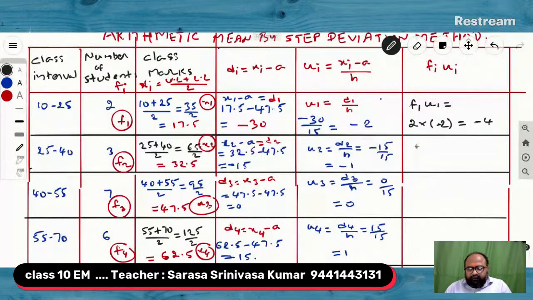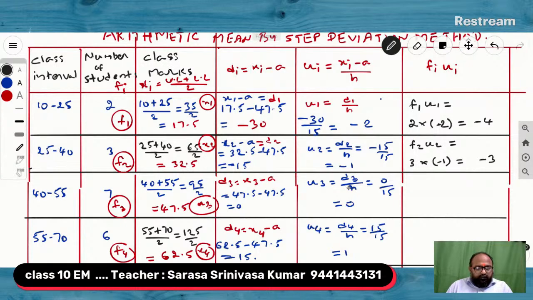Next, F2 multiplied by U2: F2 is 3 and U2 is minus 1, so it is minus 3.